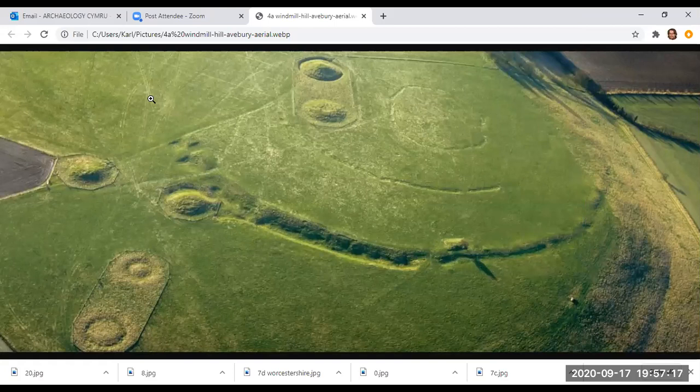I'd like to tell you what all these sites mean, but it's just trying to find the time. Basically, in short, a Causeway Enclosure starts off with concentric interrupted ditches. So you have a ditch, causeway, ditch, causeway, ditch, causeway, in a concentric circle that we see there.